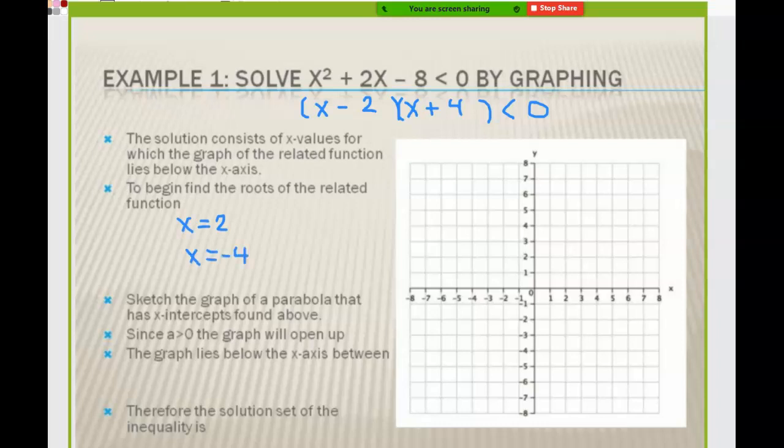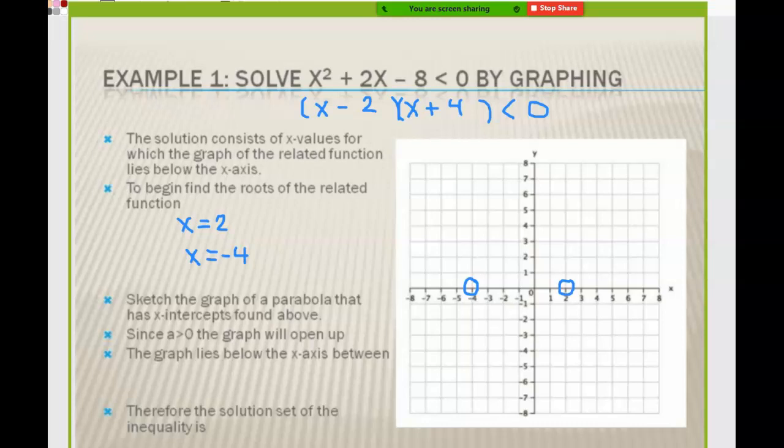The roots of my graph are at 2 and negative 4. So my shading is either going to be between my roots or outside my roots. And you can look at our cases that we talked about.